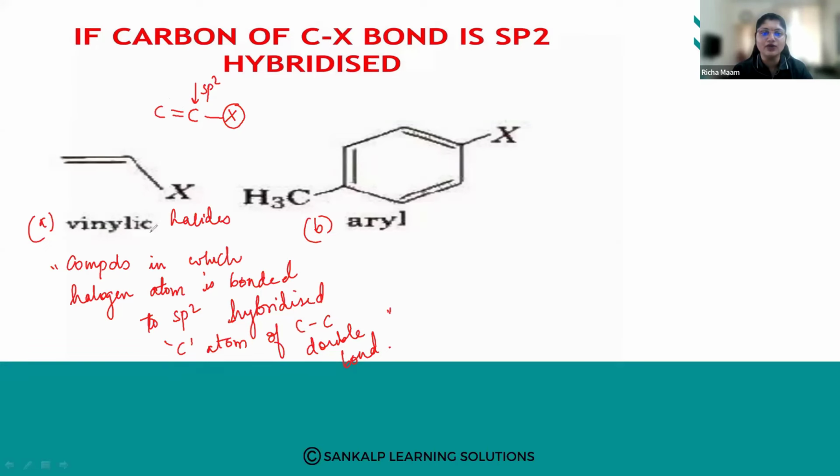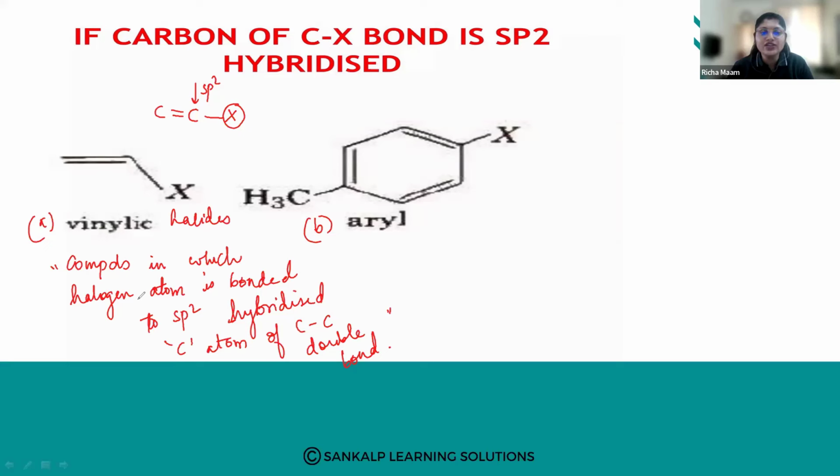So this is an example of a vinylic halide. Don't get confused. What are allylic halides? What are benzylic halides? What are vinylic halides? And what are aryl halides? These are the four important types of halides. Don't get confused. I hope you are writing down the definitions, so that you don't get confused.